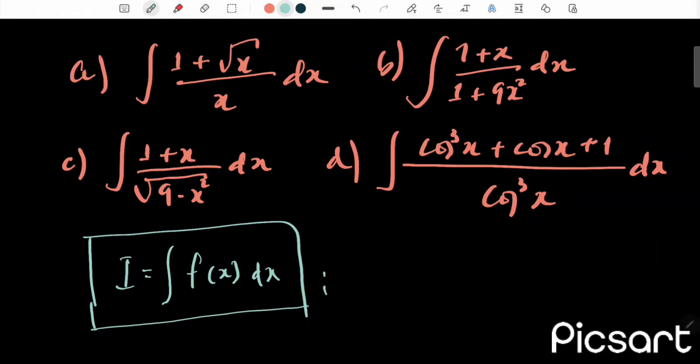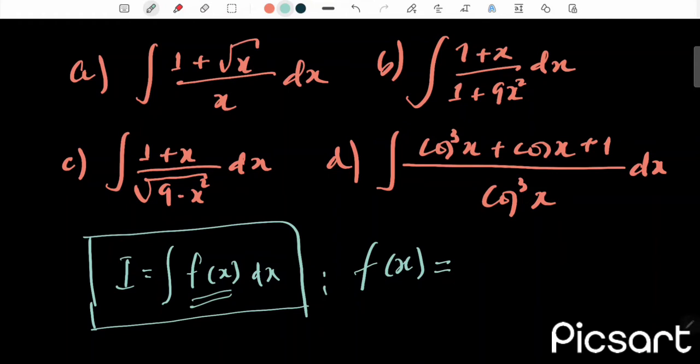But if we analyze the function f, we can see that it can be rewritten in simple functions so that we can apply direct integral techniques that we have learned.